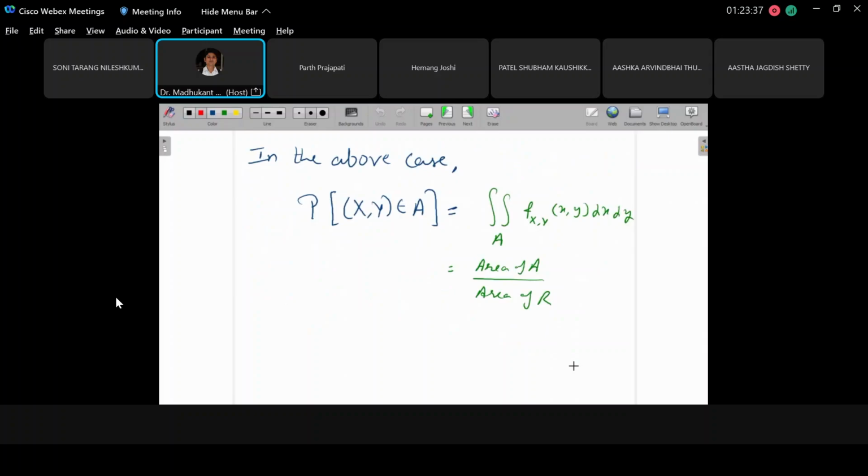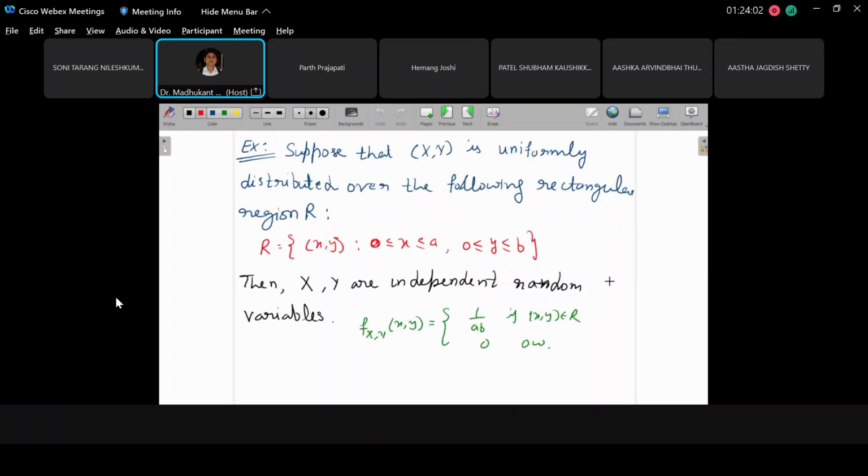In the above case, A is any part of the region R, and this probability is going to be area of A divided by area of R, because if you put down the PDF here, it's nothing but 1 upon area of R, a constant, and the double integral over A of dx dy denotes the area of the region. So this is also fine.